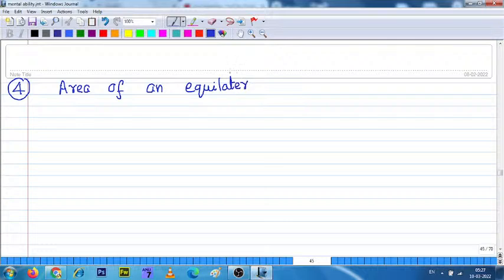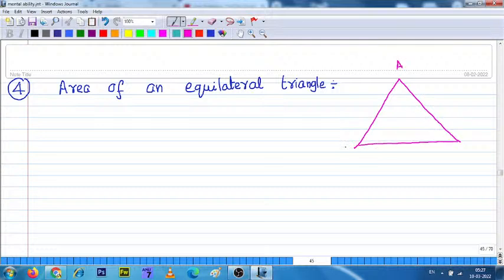Suppose all the sides of the triangle are equal, so you say ABC. Suppose BC is a, CA is also a, AB is also a. How to find out its area?